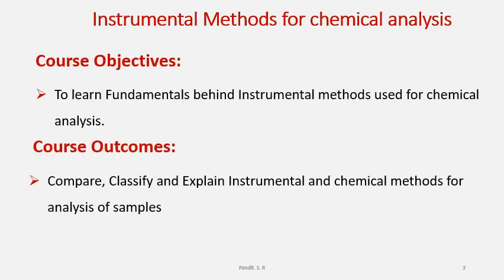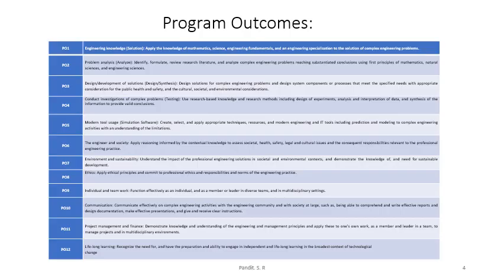The course objective for the subject is that students should be able to get the fundamentals behind the instrumental methods, and the outcome of the subject is that the student will be able to compare and classify the various instrumental and chemical methods.